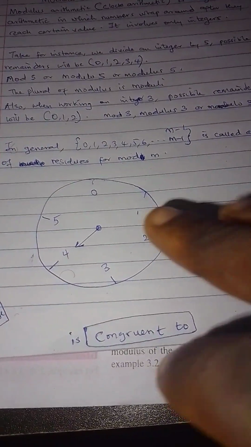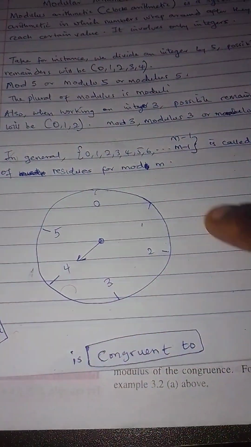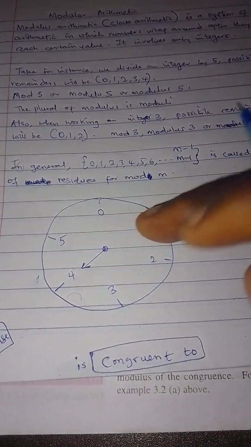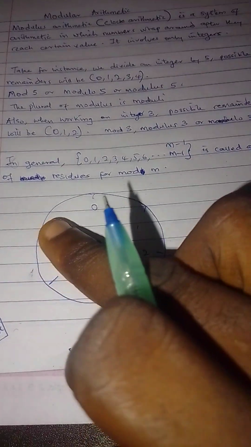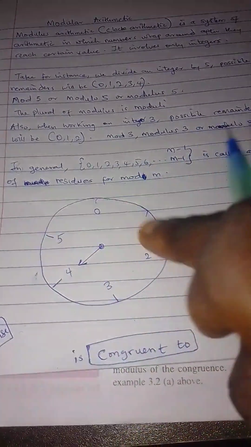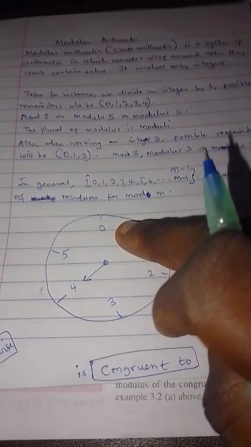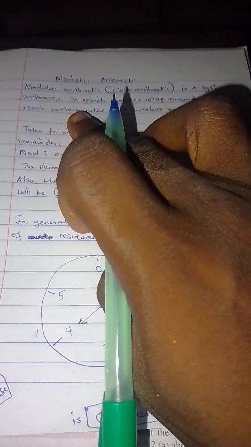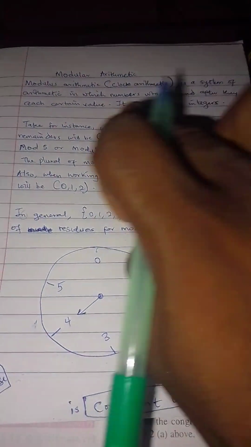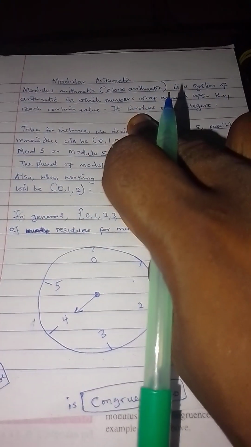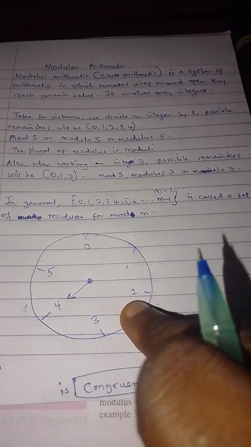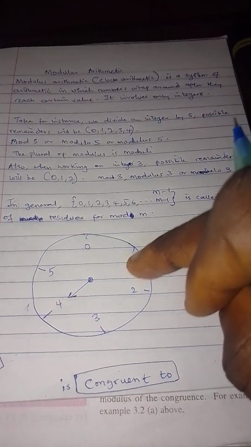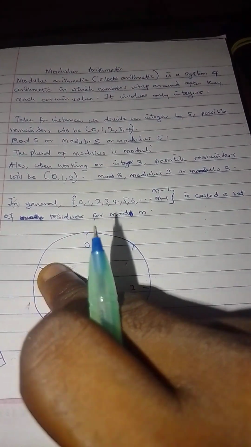Now, let us take a look at this cycle. We have 0, 1, 2, 3, 4, and 5. This is a cycle. When in the beginning I said modular arithmetic is a system of arithmetic in which numbers wrap around after they reach a certain value, now for this, when we start counting 1, 2, 3, 4, 5, when we get to 5, we'll go back to 0.